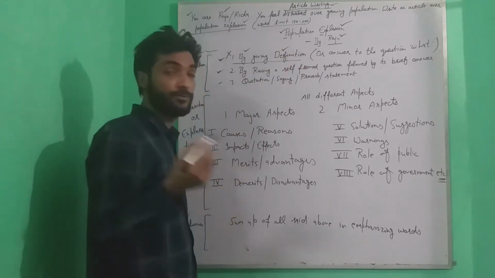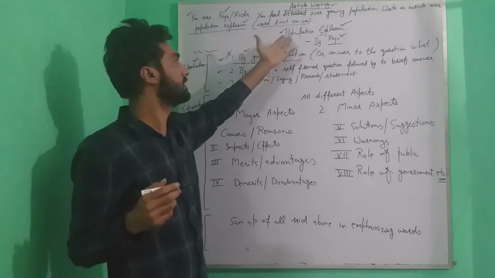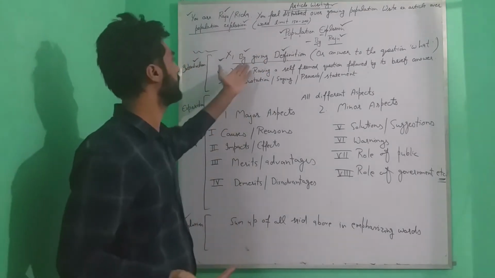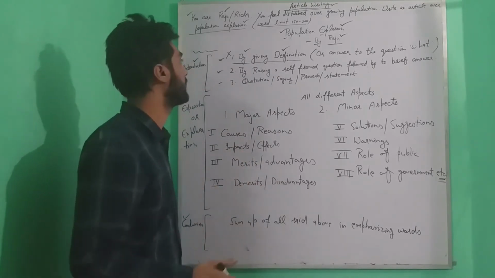So for example, if we get a topic to write an article on is child education. Child education in itself is well defined. We need not give any further definition to define it anymore.